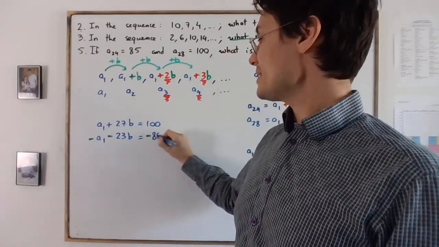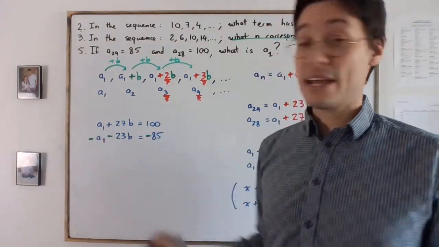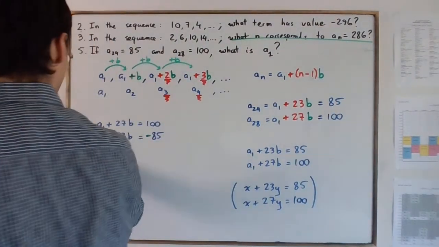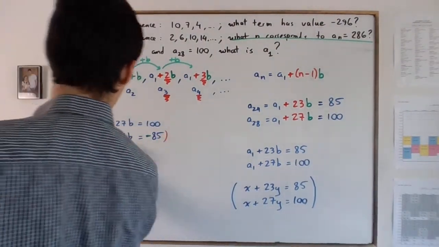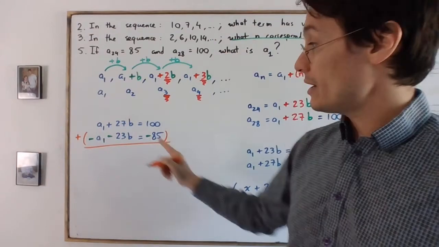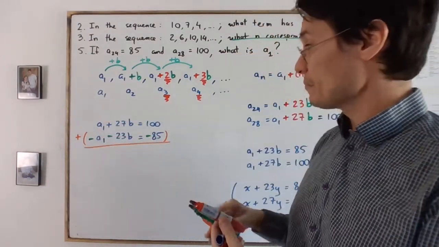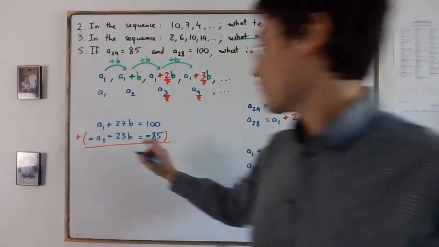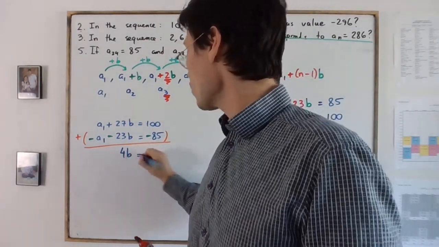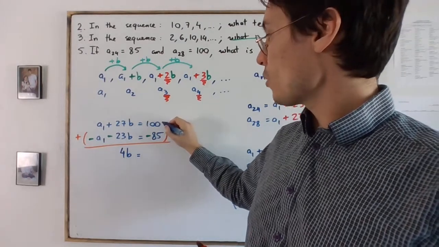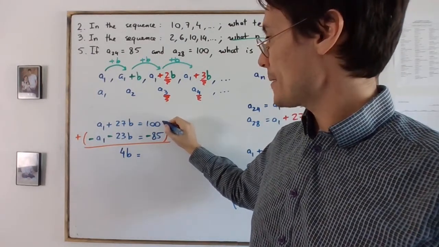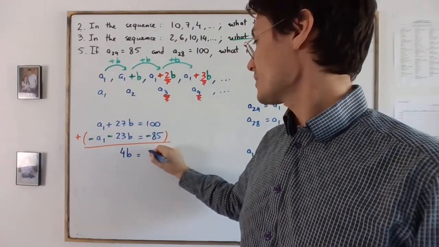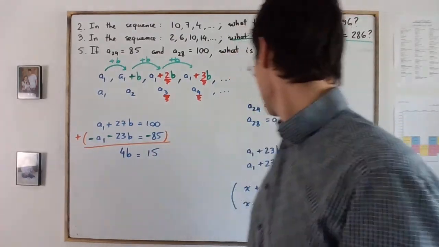This is just in order to cancel the A1, because the next step is simply to add these equations up. So you cancel the A1, then you do the addition, and we're getting 4B. So 4B is equal to what? Well, 100 minus 85, so that's going to give us 15.